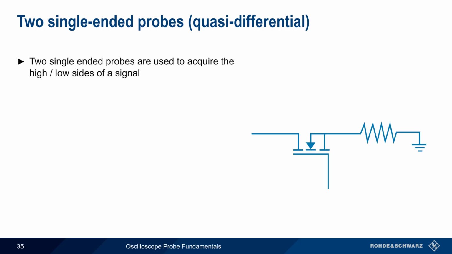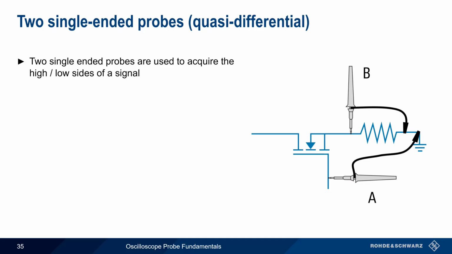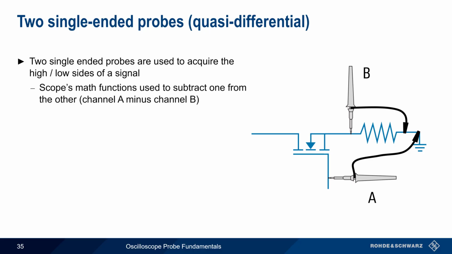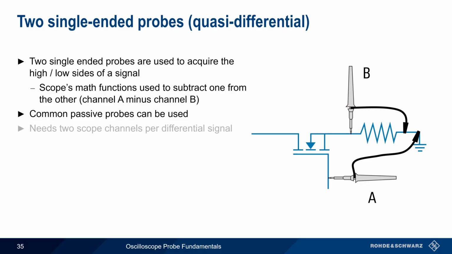In the quasi-differential method, 2 single-ended probes are used to acquire the high and low voltage sides of a signal. The scope's math function is then used to subtract one channel from another in order to obtain the differential voltage between the points. The biggest advantage of this method is that common passive probes can often be used, although this also means that 2 scope channels are required for each differential measurement.